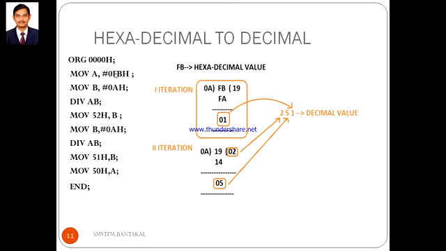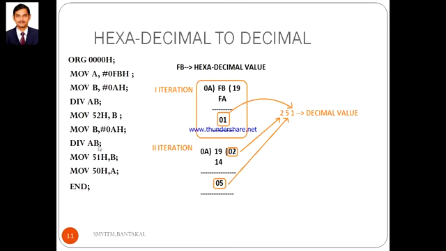So A holds the numerator data, and B holds the denominator data, 0A. After dividing, the B content, which is the remainder, is directly moved to the 52H location. The 52H location is holding the value 1 here. Again 0A is moved to B, and the accumulator is holding the quotient.